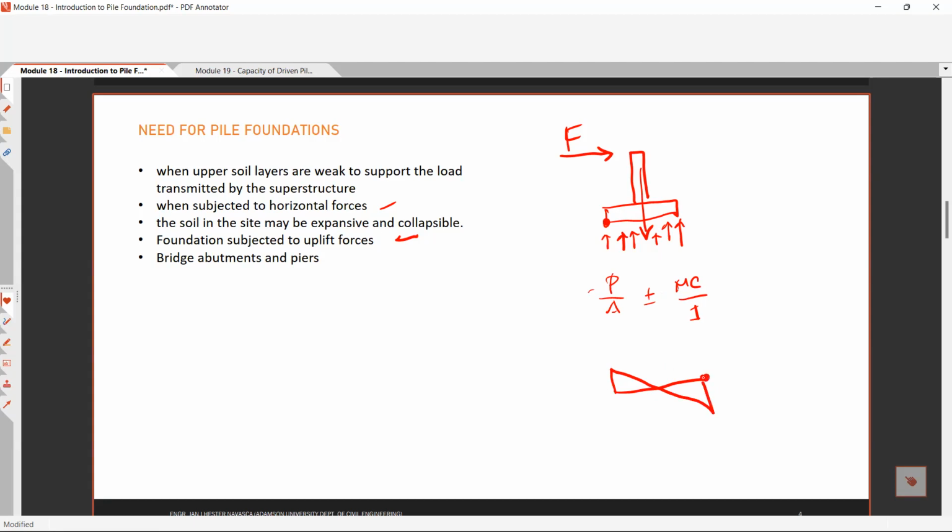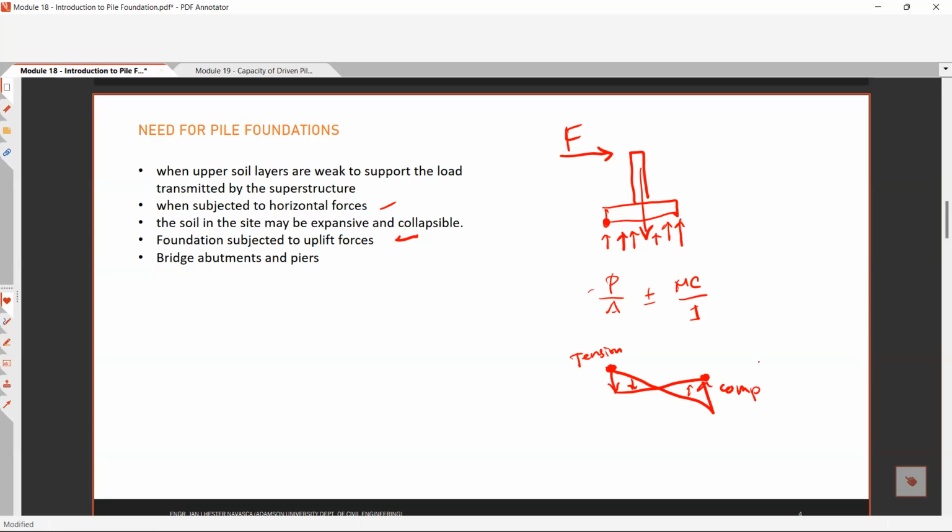Ito yung compression side, for example, and ito tension side. Tension. This one is compression. So hindi natin hinahayaan na magkaroon ng tension side sa soil because your soil cannot handle tension. Okay? 'Di ba yung soil is only for compression.